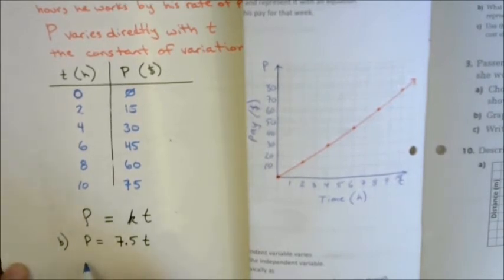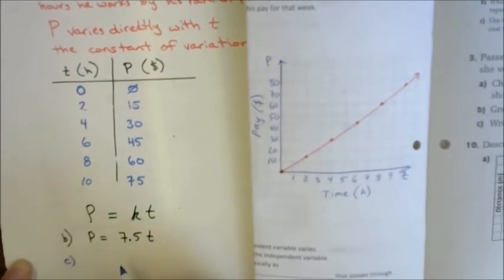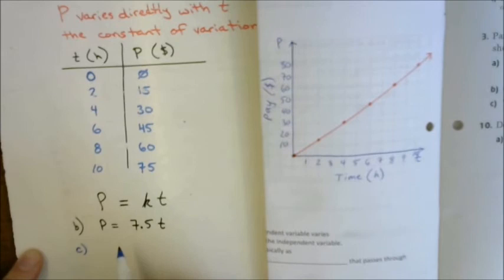Go to the equation. All we have to do, guys, is rewrite our equation: P equals 7.5 times T, and now we know T is 9.